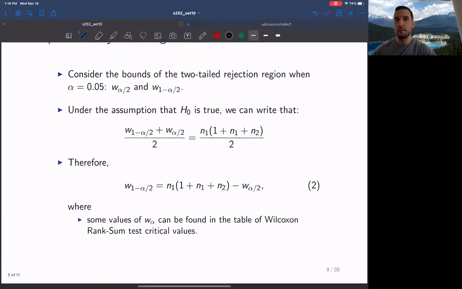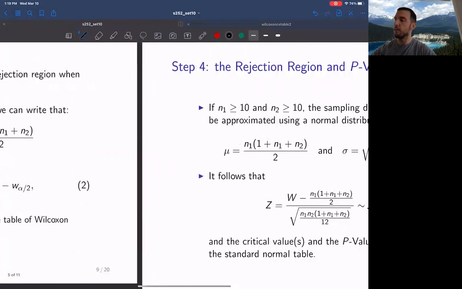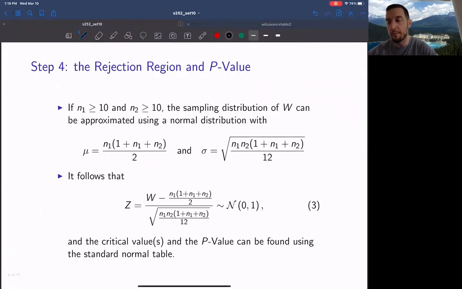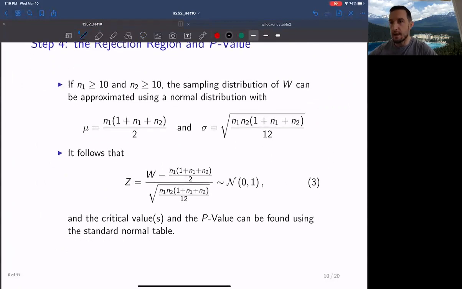Like we saw with the signed rank test, and like we saw with the sign test, we can use an approximation to the test statistic that's based off of the normal distribution. That approximation is given on slide 10.